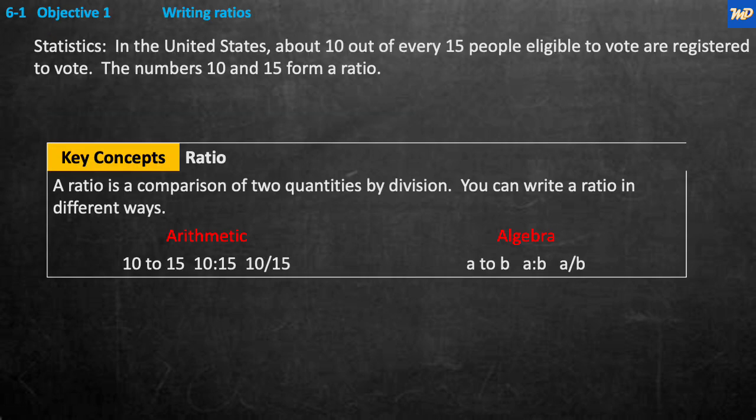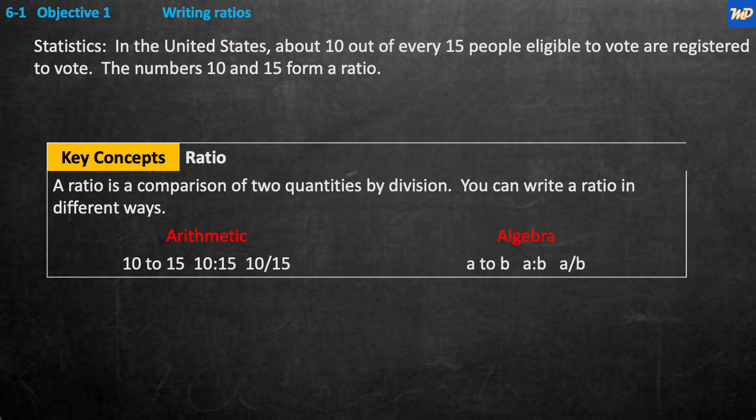Objective 1. Writing ratios. Statistics. In the United States, about 10 out of every 15 people eligible to vote are registered to vote. The numbers 10 and 15 form a ratio. Key concept, ratio. A ratio is a comparison of two quantities by division.